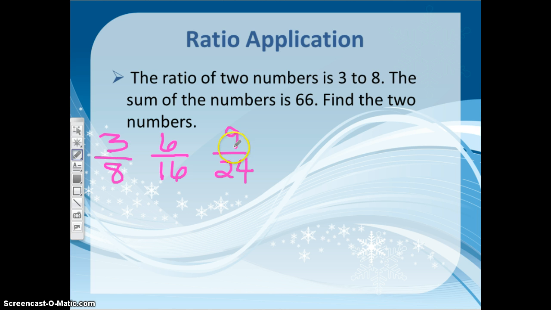Our numbers are going to be the same times this ratio. So if you think about it, we could have 3 times whatever base number there is, plus 8 times whatever base number there is, and that will make 66. We're solving for this multiplication factor and not the ratio.